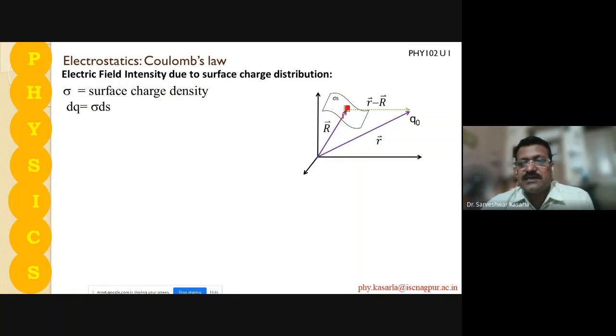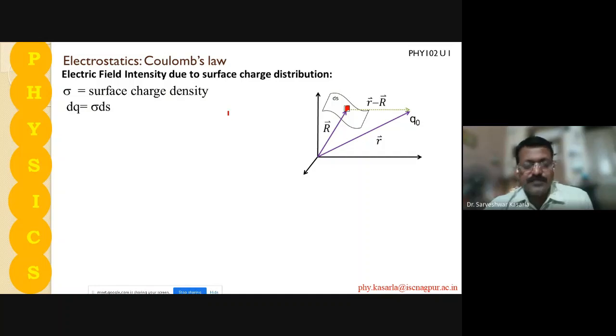This small surface area has position vector capital R, and the point where we have to find the intensity has position vector small r.